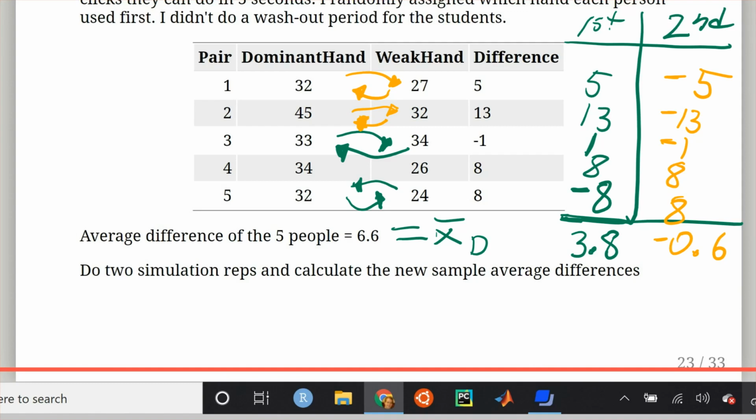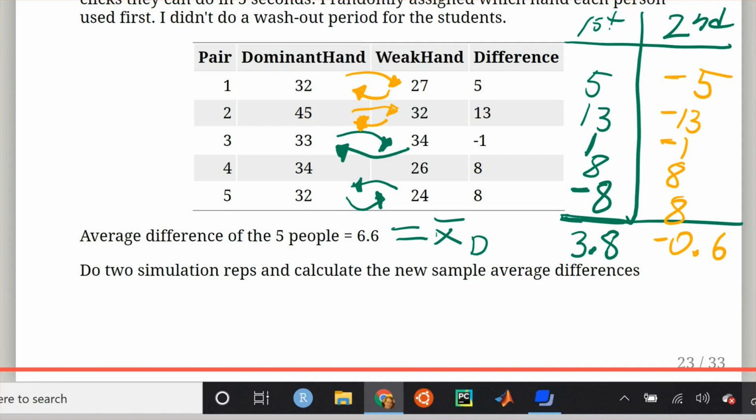My new sample statistic after only one simulation was 3.8, and the sample statistic with our observed sample was 6.6. We'll do this process using the computer many more times. So we'll get a bunch of different sample statistics from our simulations and put them all in a plot. That plot will be a null distribution.